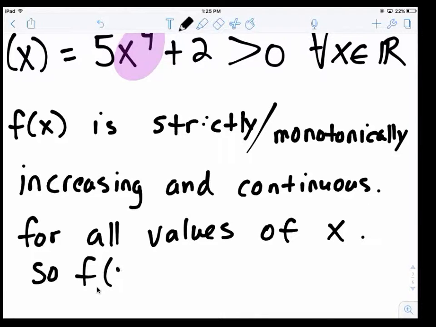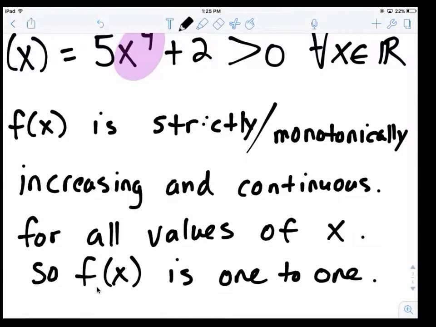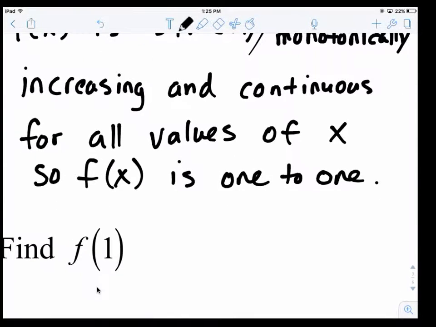So f of x is 1 to 1. Alright, so now, because f of x is 1 to 1, we can now find its inverse.